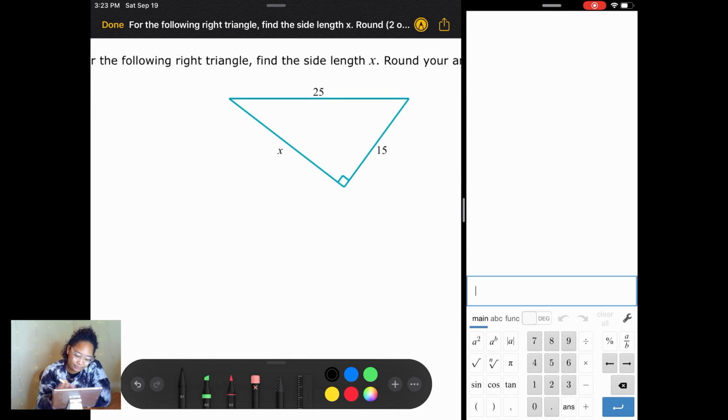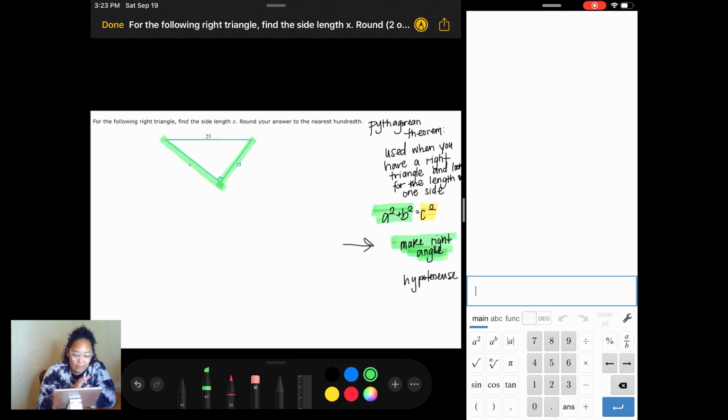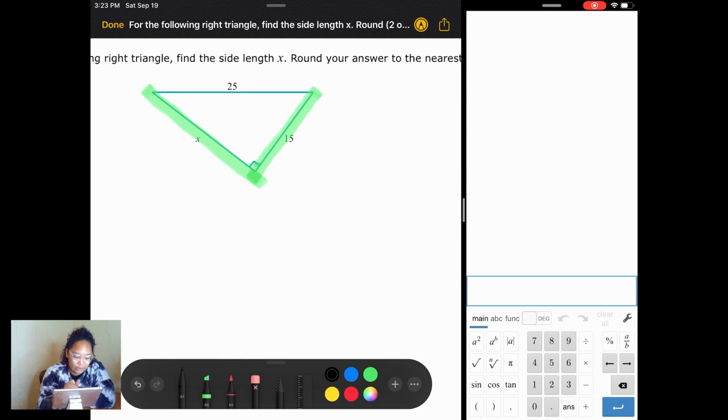So what I'm going to do is first identify what two parts make the right triangle. Let's say, well, I have the right angle right there. So I know that this part and this part make the right angle. Okay. So a squared and b squared added together is going to be x and 15.